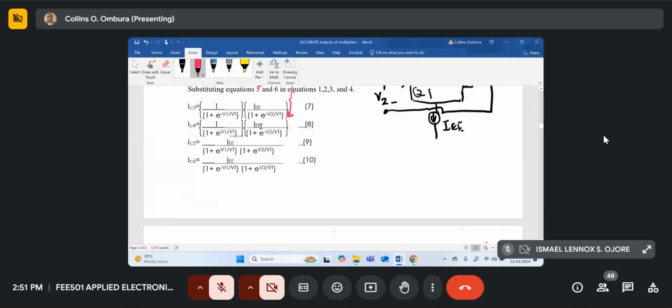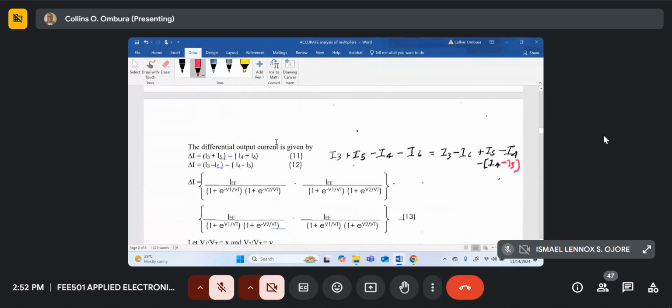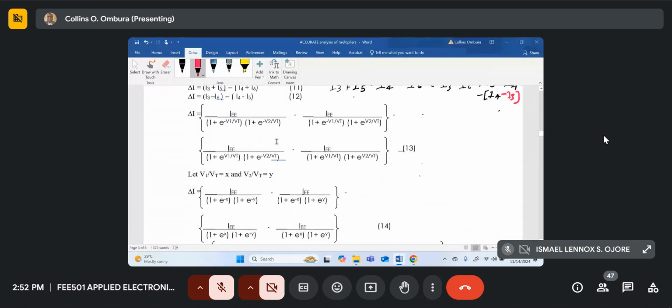It's IEE, 1 plus e to the positive V1, 1 plus e to the minus V2. So it's this term over here, positive V1 minus V2. Then minus I5.